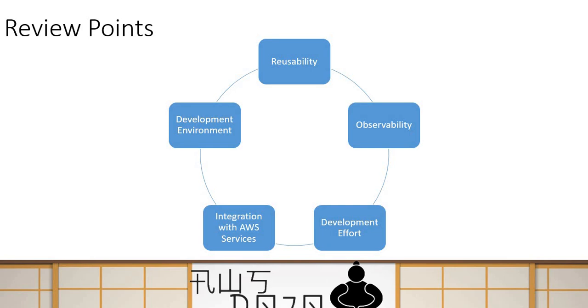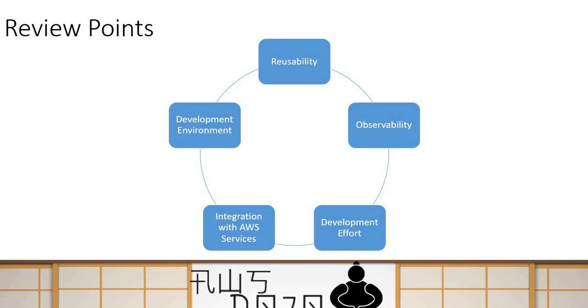For instance, the moment your curated data is created, you might want to send a notification to the end user that your curated data is ready. Similarly, there could be other integrations required with other AWS services. How easy it is to integrate with other AWS services also affects your decision to choose a pipeline.